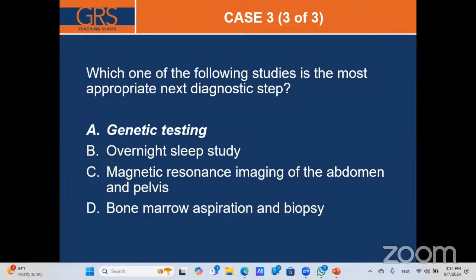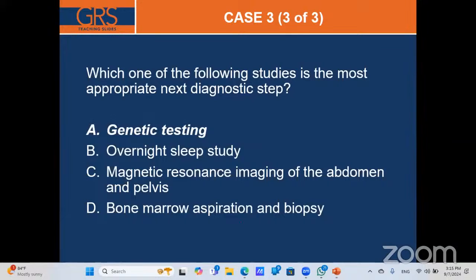An overnight sleep study could be done if we suspect secondary polycythemia, but in this case, the erythropoietin level would be elevated. The overnight sleep study would be done to exclude obstructive sleep apnea. Also, magnetic resonance imaging of the abdomen and pelvis could be done to exclude paraneoplastic disorders like HCC or RCC or uterine fibroids that could secrete erythropoietin, and in this case, the erythropoietin level would also be elevated.